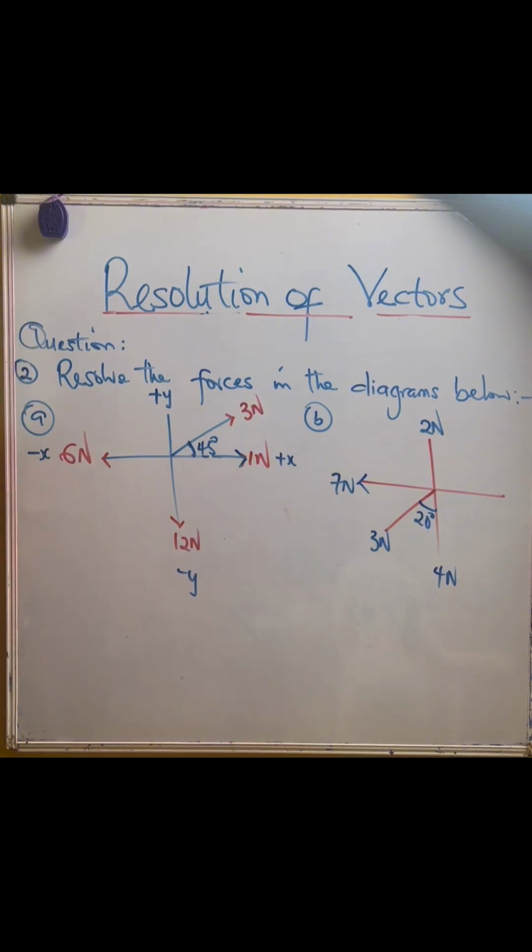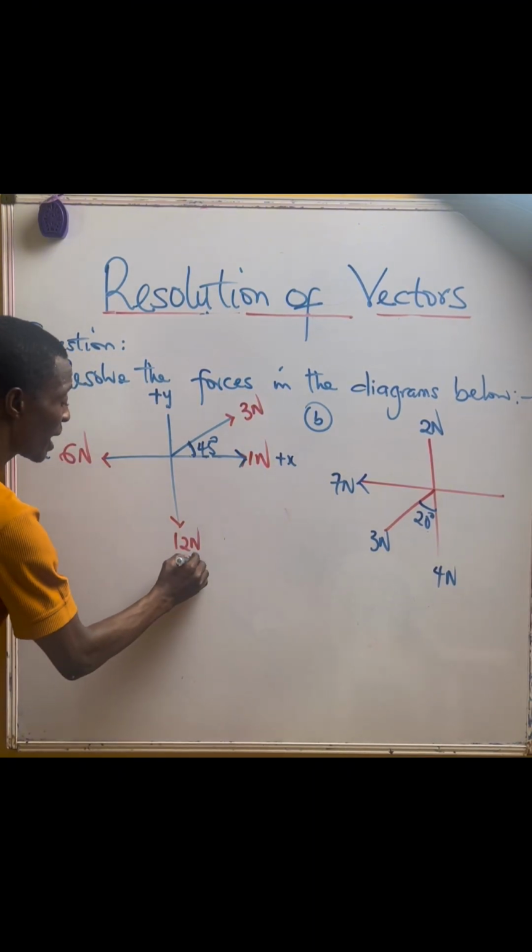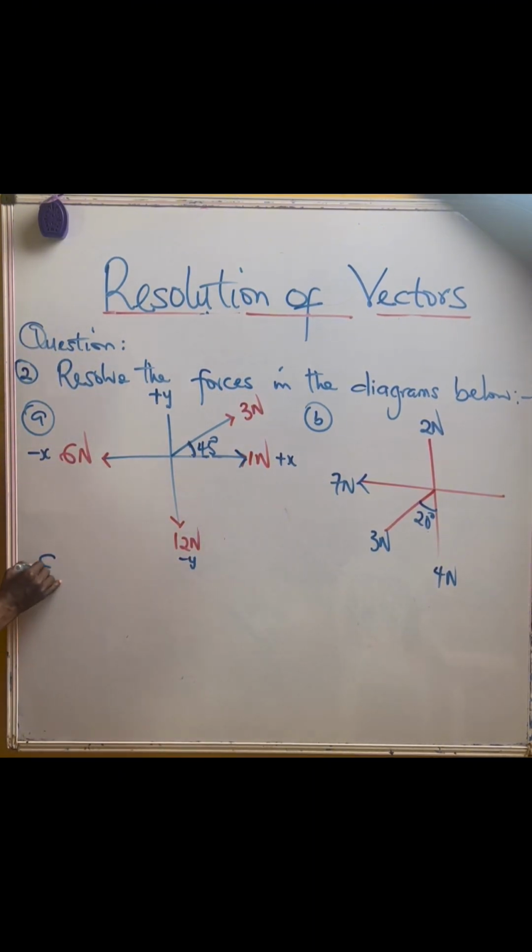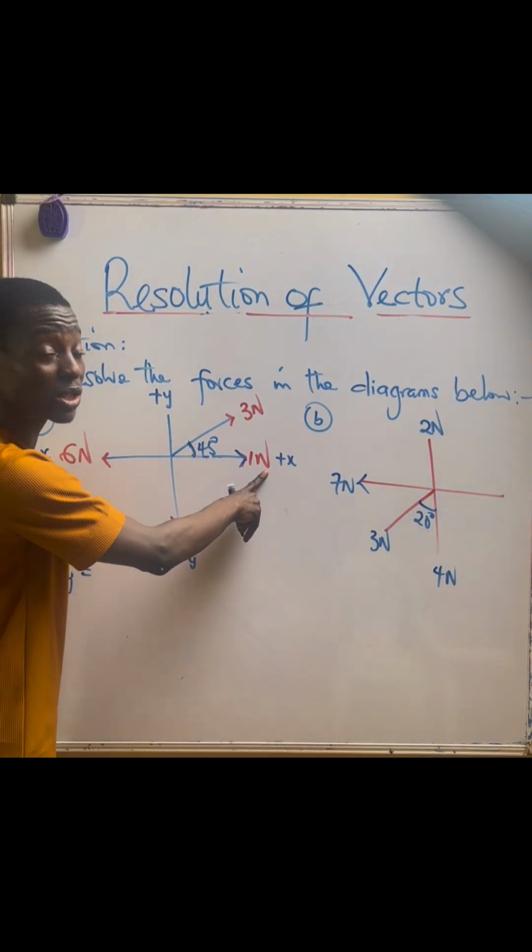So let's see how that would impact what you're solving. I'm resolving towards the x and y axes, so I'm having the sum of forces on the y-axis. I can decide to do y first before x or x before y. It's fine. If you start with y, don't worry. You can still pick this as your starting point.